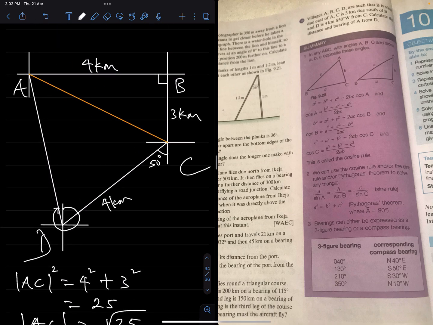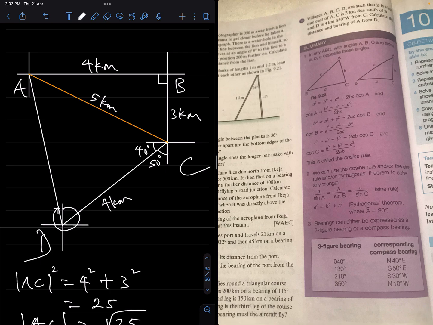Now, how do I find distance DA? If this is 50 degrees, then this is going to be 40 degrees, 90 minus 50. So, now that we know that, how do I find this one? I already know that this is 5 kilometers.